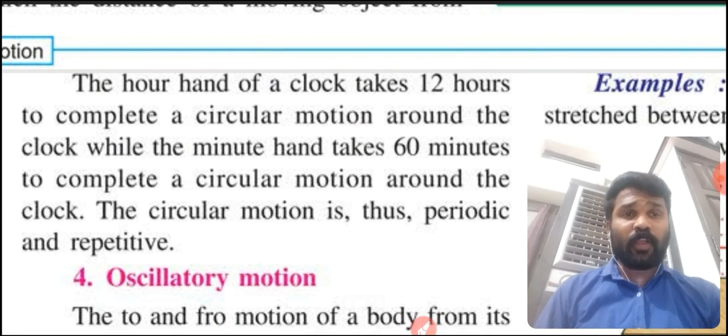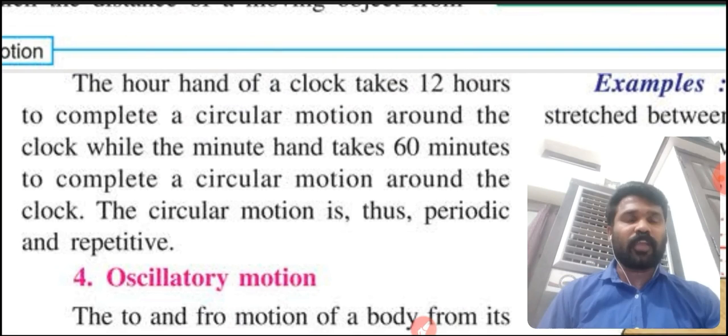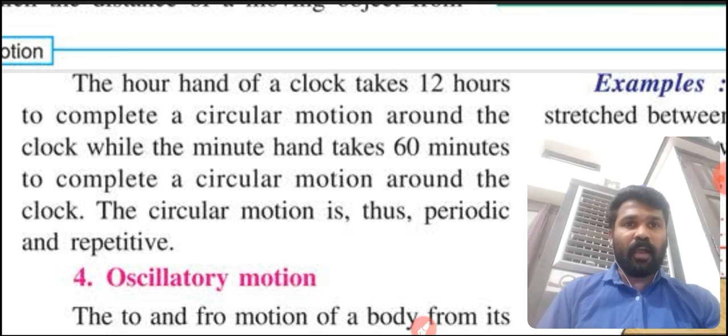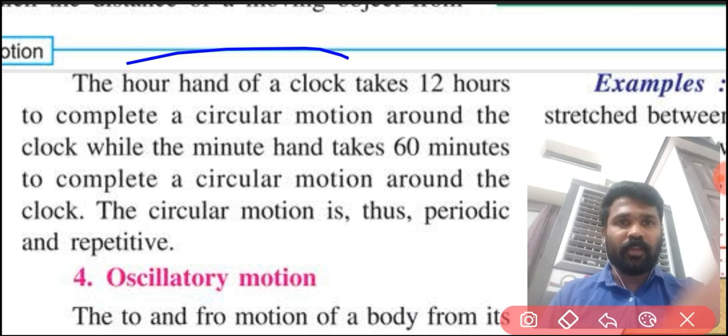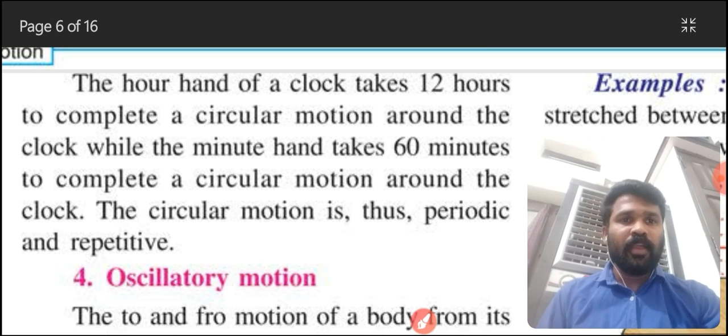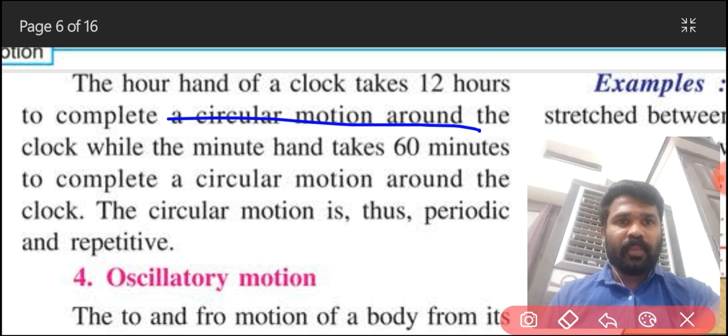The hour hand of a clock takes 12 hours to complete a circular motion around the clock, while the minute hand takes 60 minutes to complete a circular motion around the clock. If you consider the hour hand, it takes 12 hours to complete a circular motion, and the minute hand takes 60 minutes.